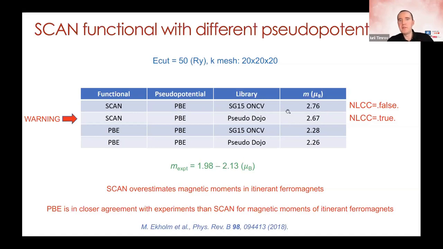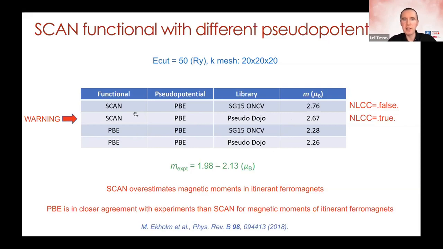In this case it seems like PseudoDojo is a little bit better, but it's just a coincidence. The fact is that the SCAN functional is known to overestimate the magnetic moment for itinerant magnets like bulk iron, bulk nickel, etc. So it's really a drawback of the functional, not of the pseudopotential.